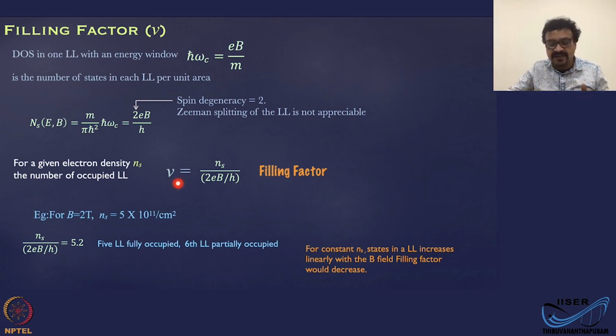What that means, filling factor will decrease. So when you increase the B field, the Landau levels will expand, making more and more states inside each Landau level. So for a constant charge concentration Ns, the states in each Landau level will increase and the filling factor will decrease.